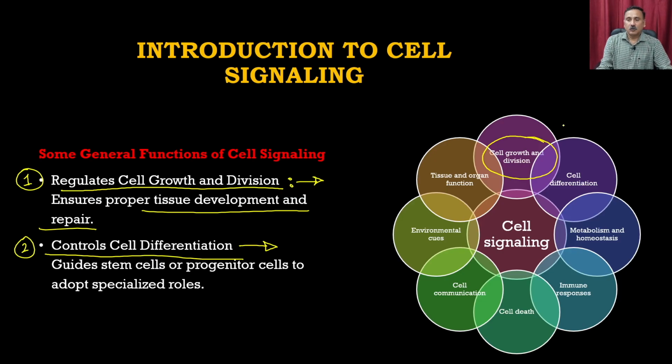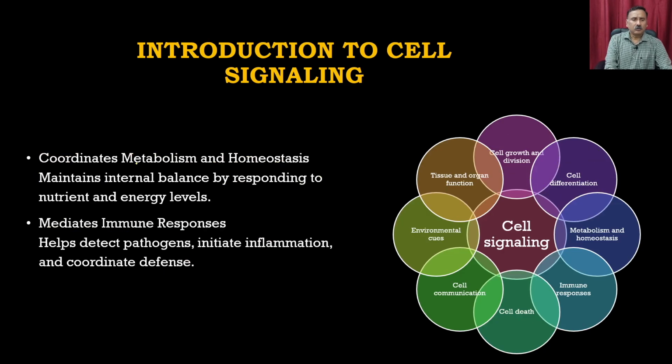Apart from that, it is also going to regulate the cell differentiation, which means it is going to regulate the stem cells or the primary cells to go for the differentiation and form the specialized cells. Then it is also going to regulate the metabolism and the homeostasis.